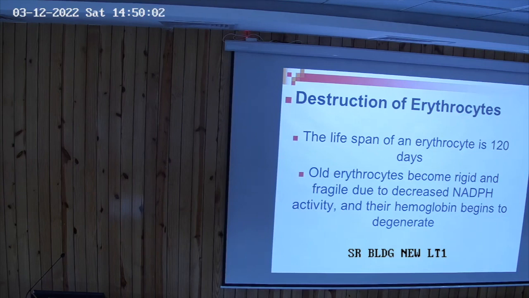When we are talking of heme, the iron will come out separately. What will remain is the tetrapyrrole or protoporphyrin ring. This protoporphyrin ring will open up, straighten up, and get converted into biliverdin, and this biliverdin when oxidized gets converted into bilirubin.